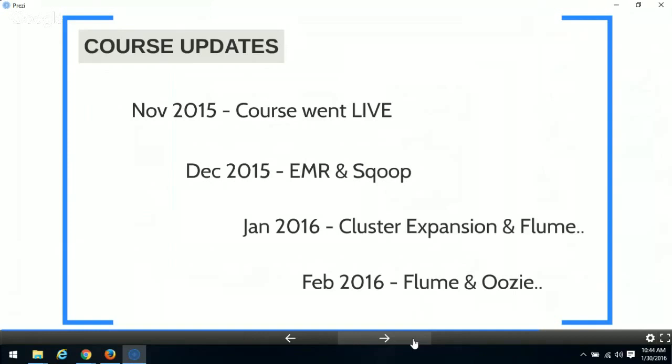So you can chain jobs and orchestrate your entire process in Hadoop. It can also be used as a monitoring tool. You can also send emails and things like that. So a lot of good things coming in Oozie. So that's what we have in the pipeline for Feb 2016.